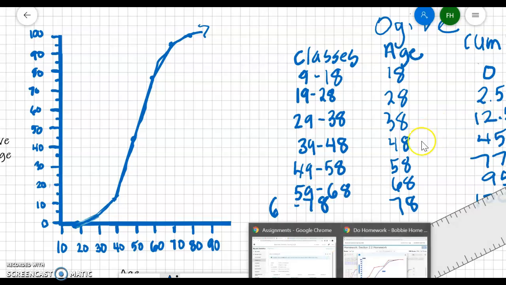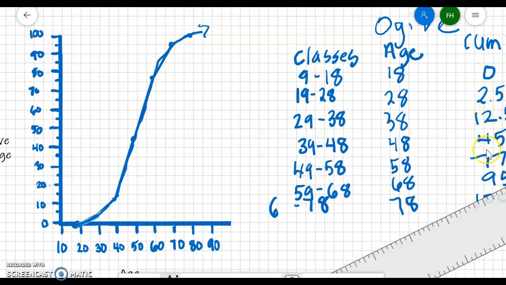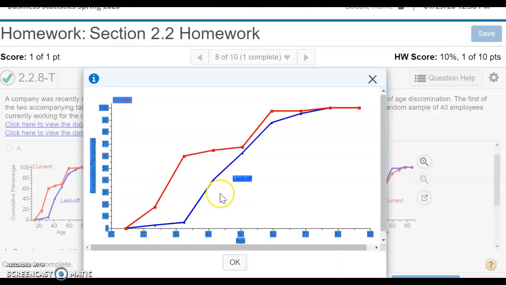And then our fourth point, 1, 2, 3, 4, is at 45. So let's look at our fourth point on this graph.